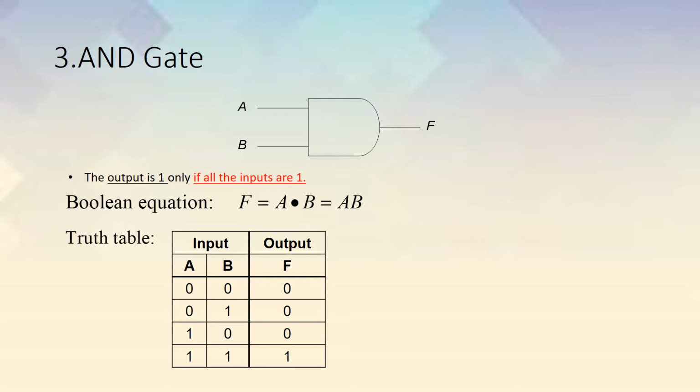If A and B are the same, the output is the same. For example, A is 0 times B is 0, we get output 0. If different, like A is 0, B is 1, if we multiply, we get 0. So, understand that? Now, we go to the next number.